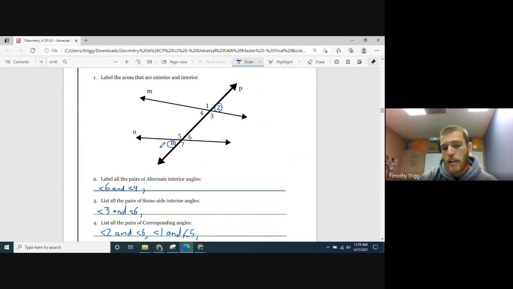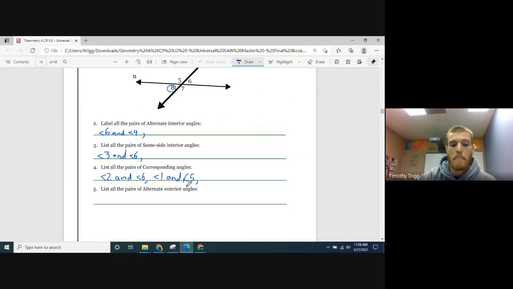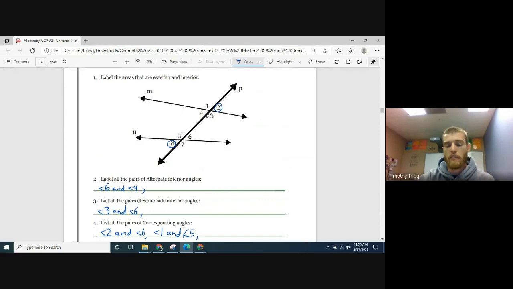Notice they're on alternate sides and they're exterior. So angle 8 and angle 2 are a pair of alternate exterior angles. There should be one more pair of alternate exterior angles. See if you can find the last pair.